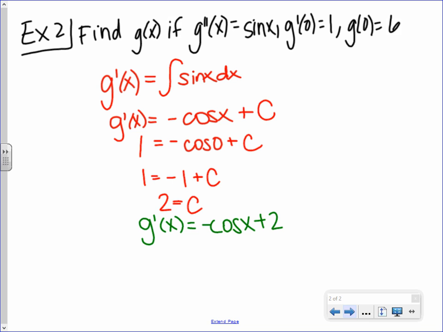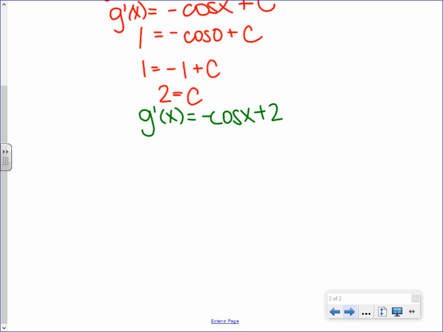All right, that's all fine and dandy, but what we really want is g of x. So if we want g of x, we have to go through this process again. If we want g, then we need to take the antiderivative of the derivative.